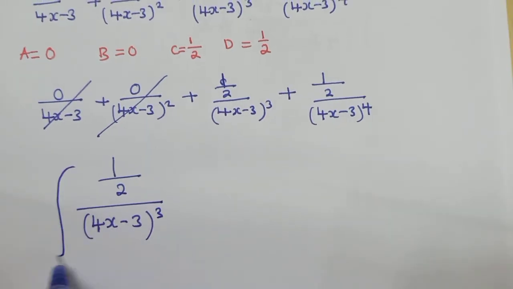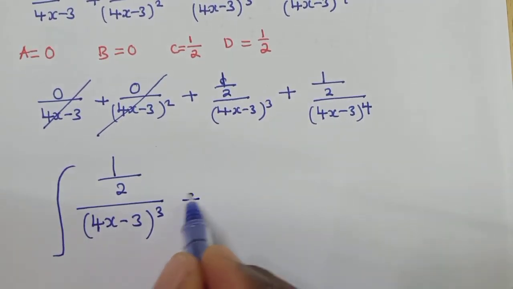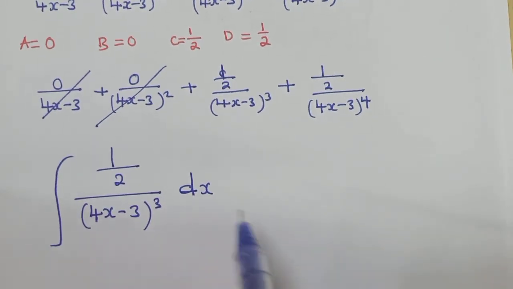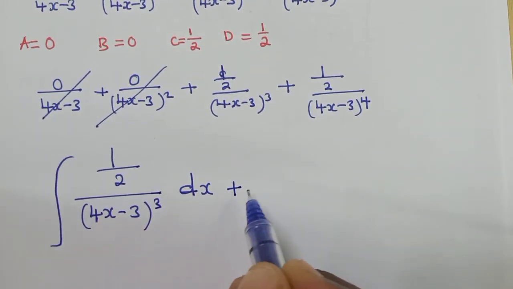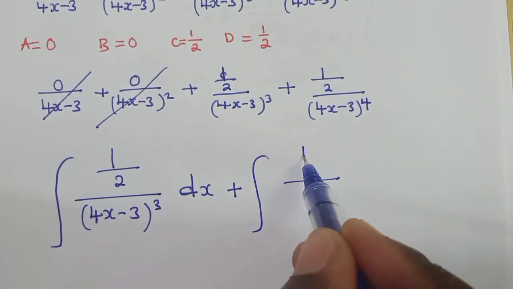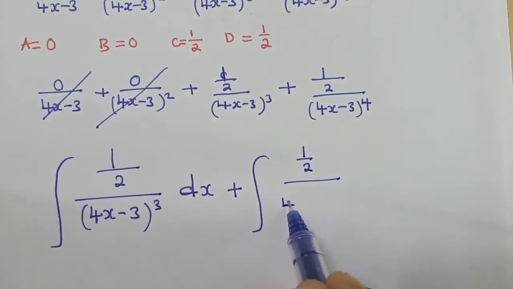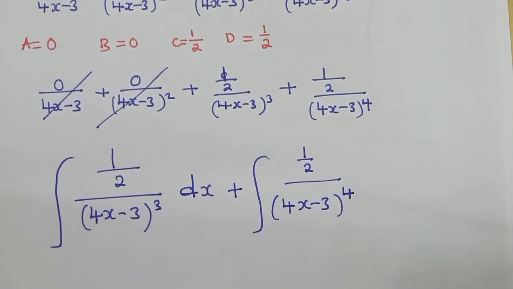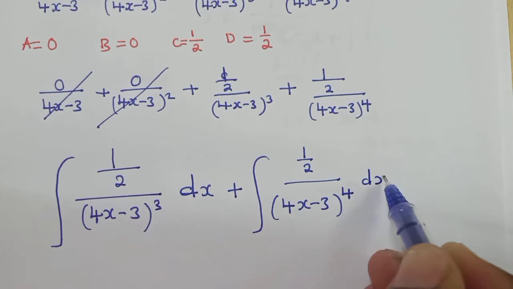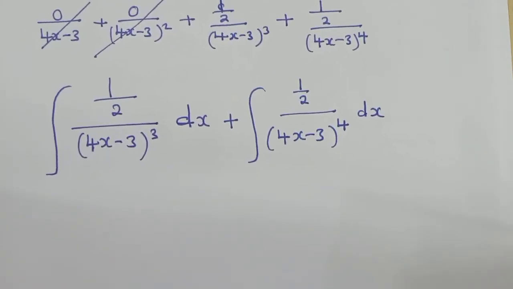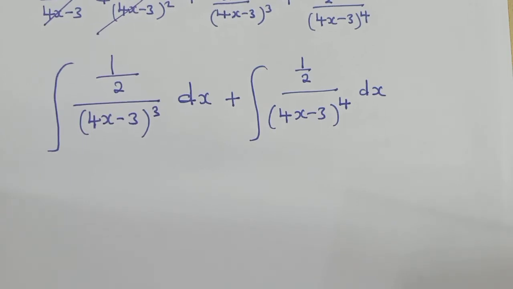So we integrate this one with respect to x. Next, we do the same here, 1 over 2 over (4x minus 3) power 4, dx. So we are at this point now where we need to integrate.